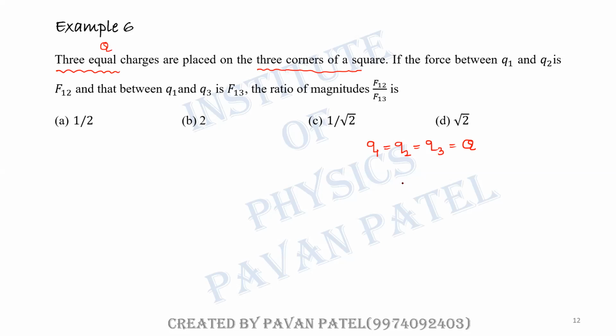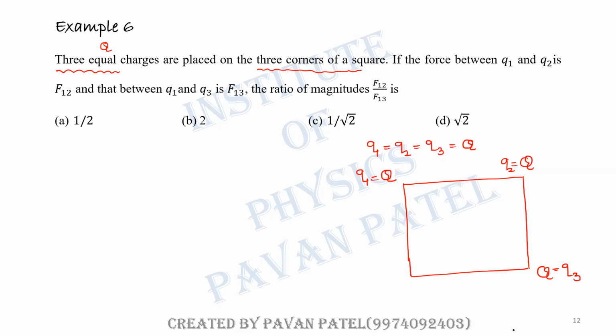Now consider this is a square. Capital Q charge here, capital Q charge here, and capital Q charge here. These are Q1, Q2, and Q3, the three charges.